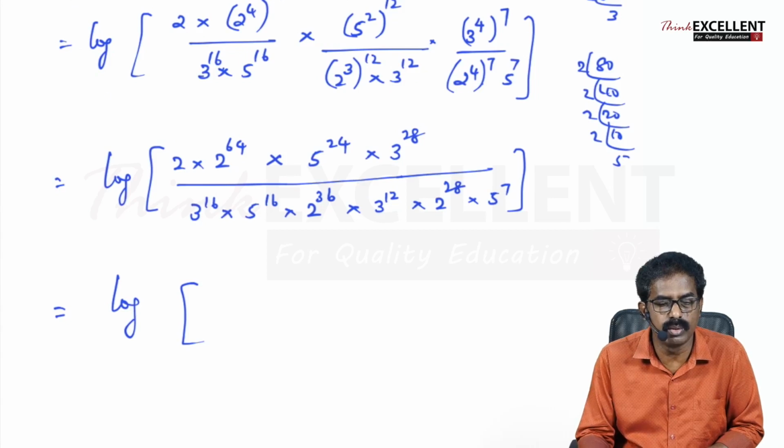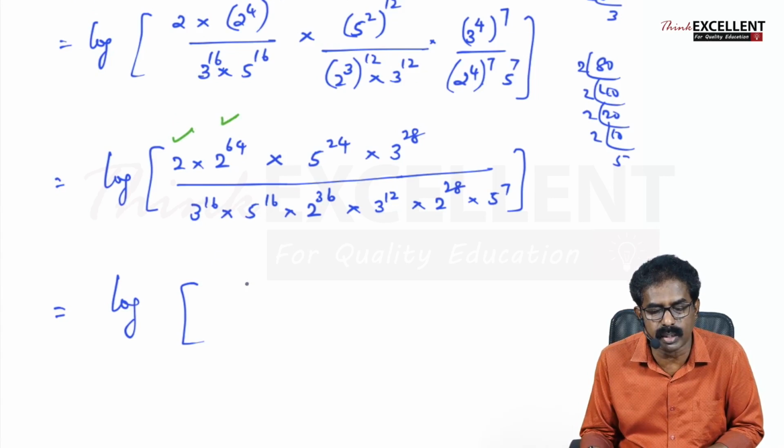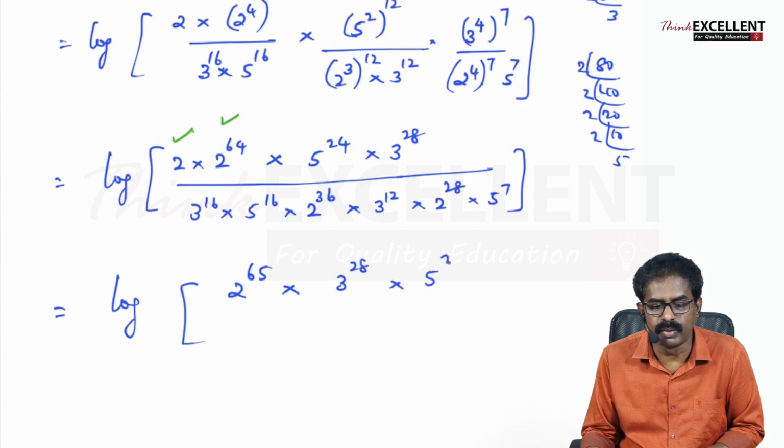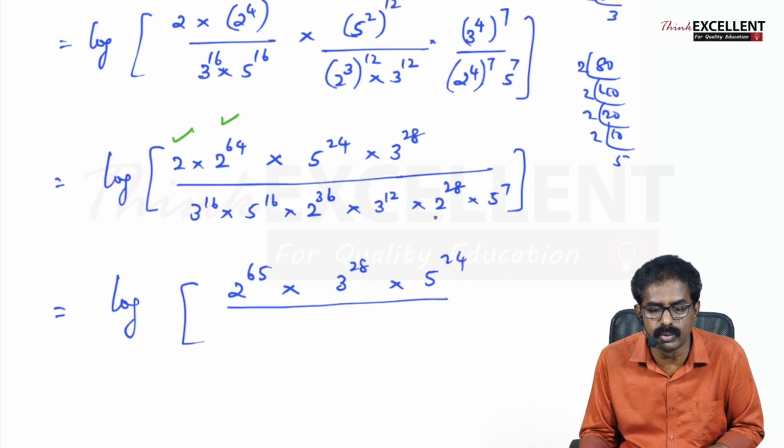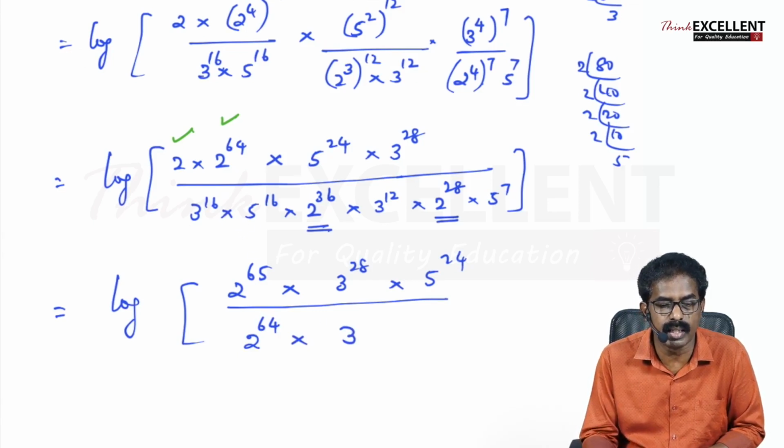This 2 raised to 1, 2 raised to 64, together 2 raised to 65. 3 raised to 28, 5 raised to 24. Same way in the denominator, group 2 powers. 2 raised to 28, 2 raised to 36, that is 2 raised to, add the power, 36 plus 28, you will get 64. 3 raised to, we have 2 terms, 3 raised to 16 and 3 raised to 12.